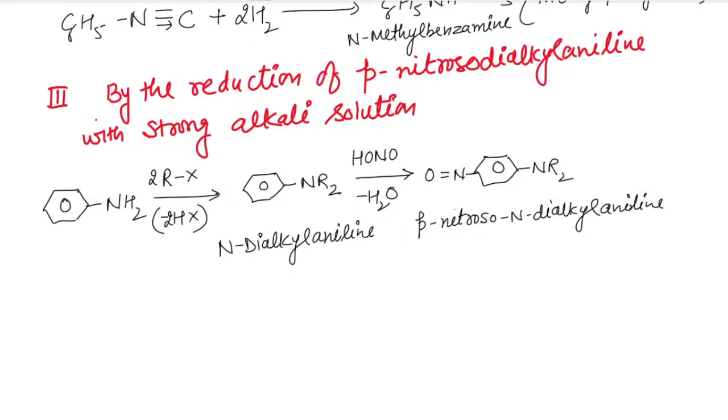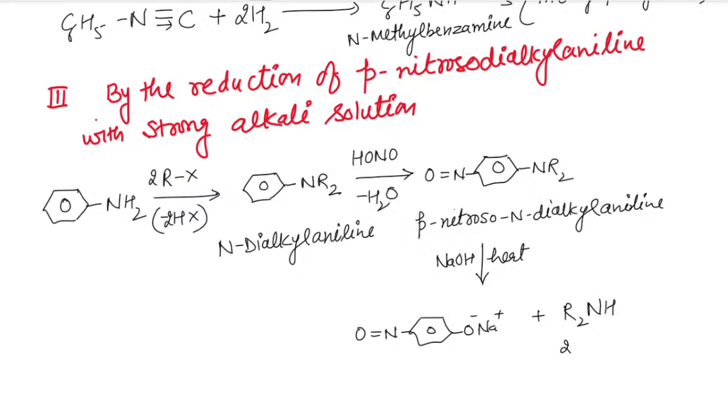After forming this product, if we heat it with sodium hydroxide or potassium hydroxide, then we get pure secondary amine along with this product, para-nitroso sodium phenoxide or phenate.